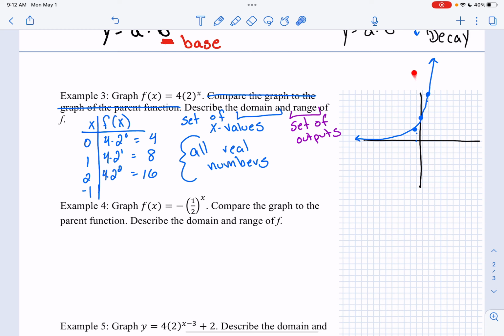Everything goes from 0 on up. So my range is y is greater than 0. Because it goes from basically 0 on up, and it never actually hits 0. It gets really, really close, but never hits. So there is my range. Y has to be greater than 0. Okay. Right, so there's a growth function.